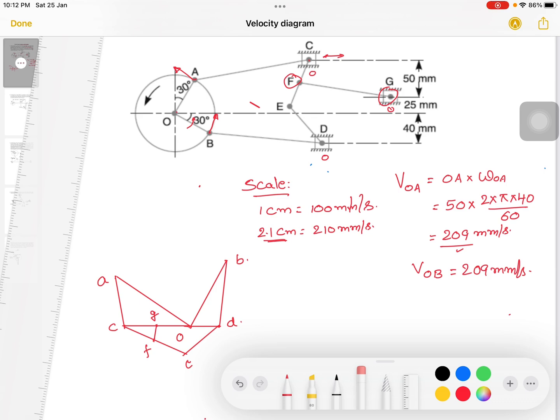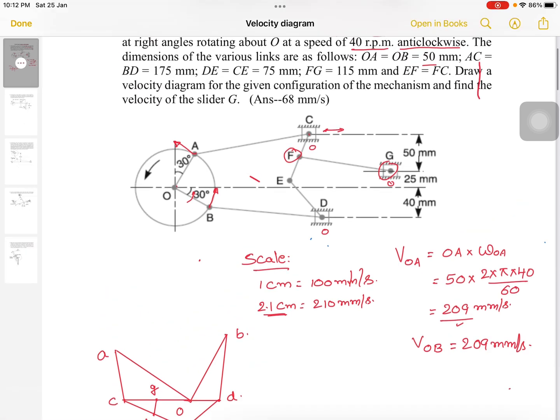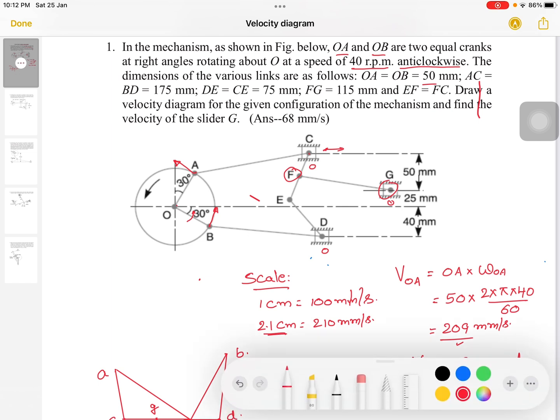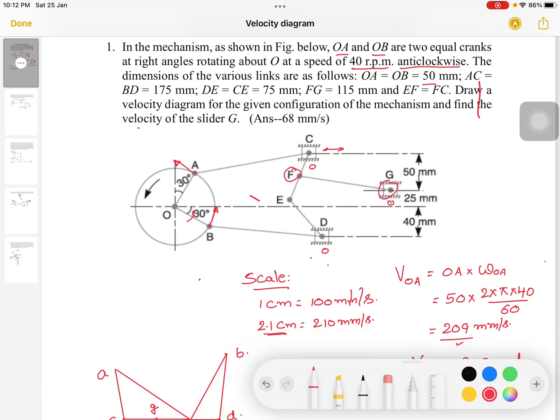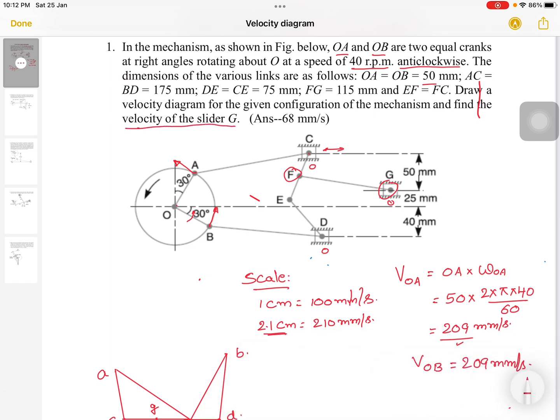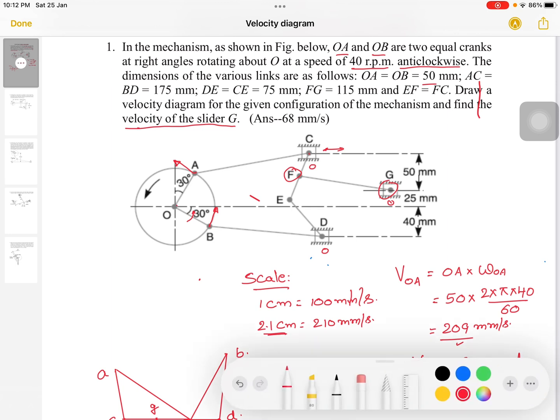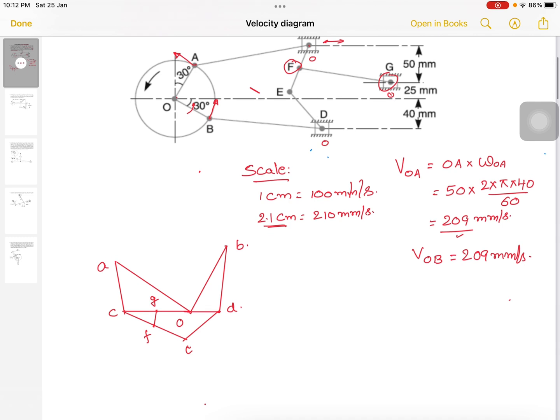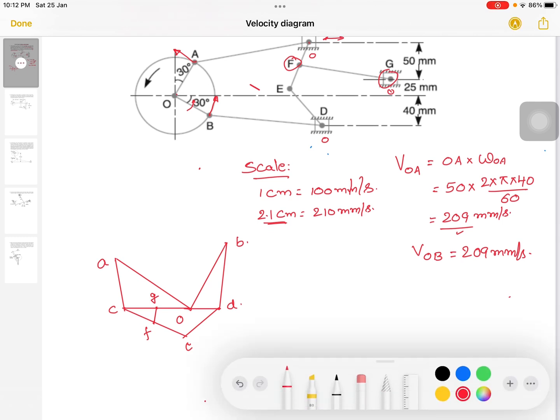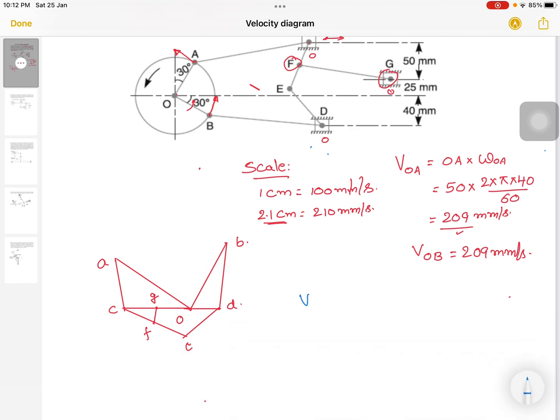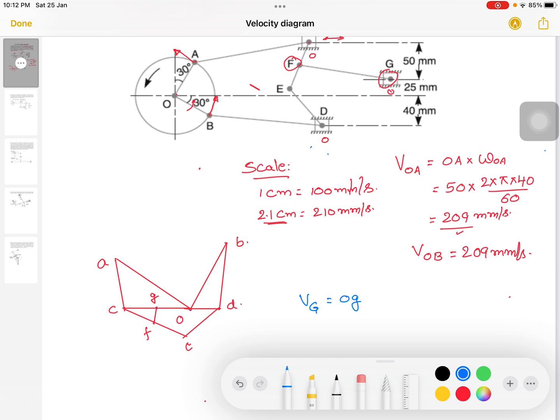Now, how to calculate the velocity of slider G for the given configuration? Measure the length from point O to G, based on whatever values you got from your drawing.